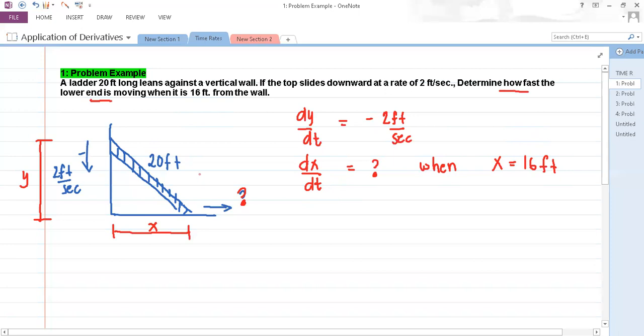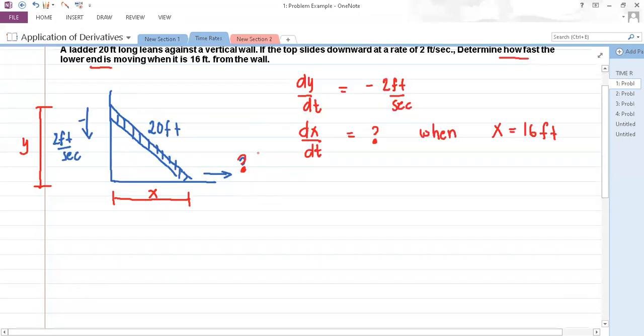Okay, so to create an equation, let's take a look at our illustration. Anong relationship ang ma-formulate natin dito? This is a right triangle. So pwede nating gamitin yung Pythagorean theorem natin, which is x squared plus y squared is equal to the hypotenuse na 20 squared.